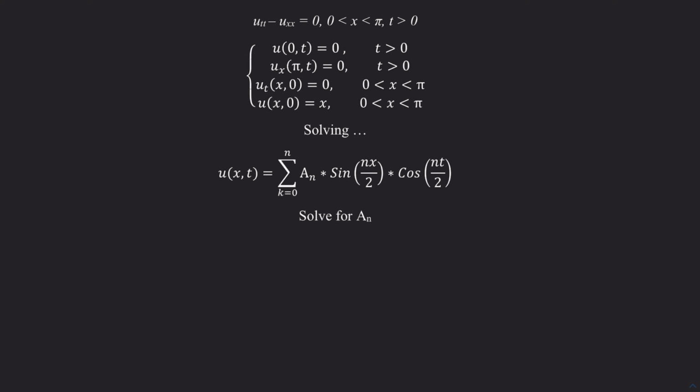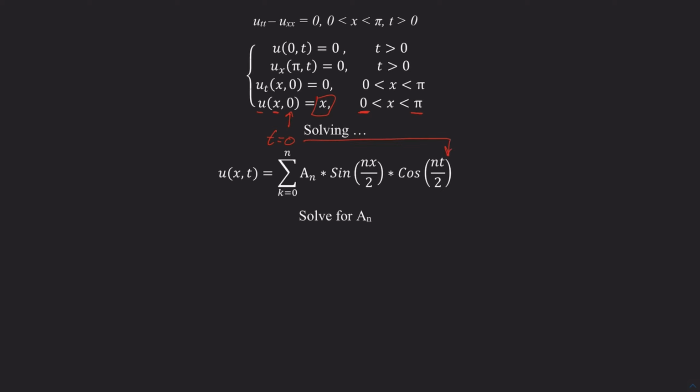So before I get started, it's important to know what the boundary condition is actually telling us. This is telling us that for u, where x is equal to x, and t is equal to 0, the equation is going to come out to the solution x for x larger than 0 and less than pi. So down here in the summation, we can actually plug in 0 for t.